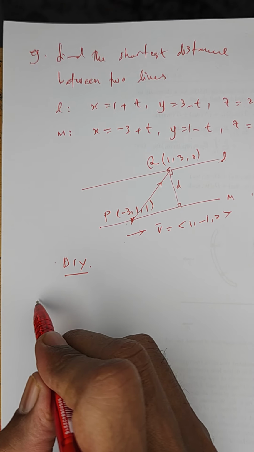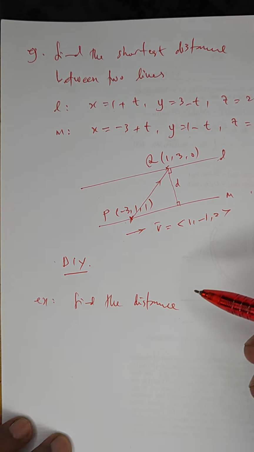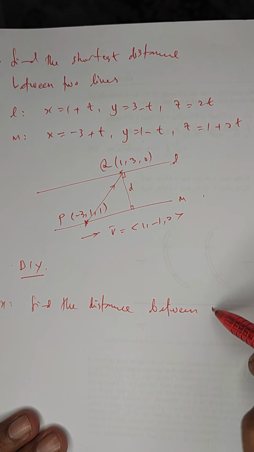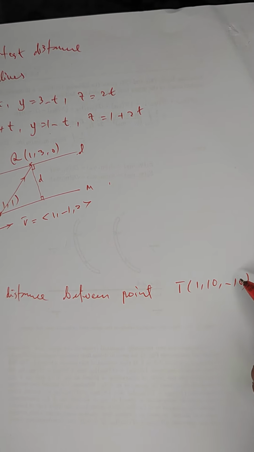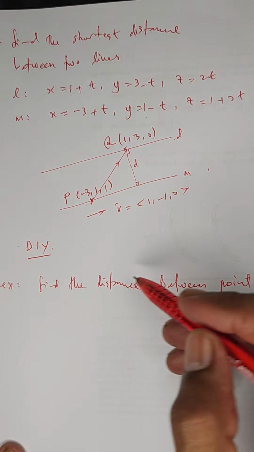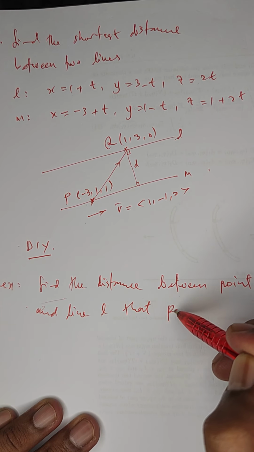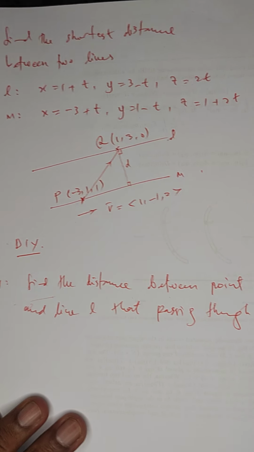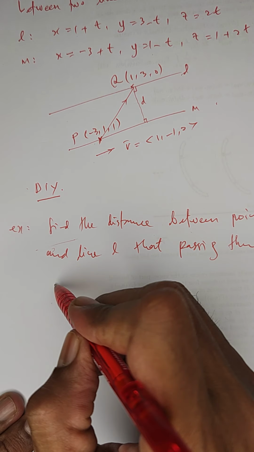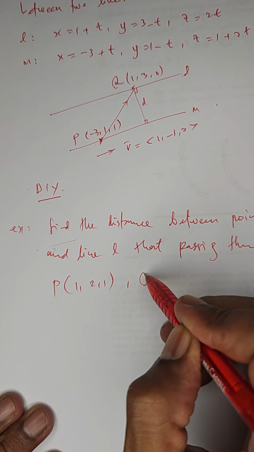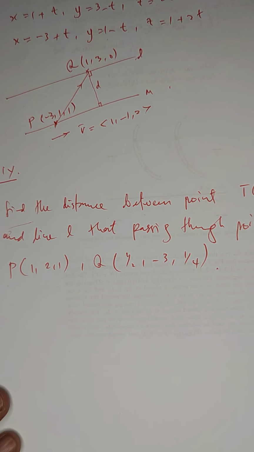And I give you another exercise. Find the distance between the point T(1, 10, -10) and line L, where line L passes through the points P(1, 2, 1) and Q(1/2, -3, 1/4).